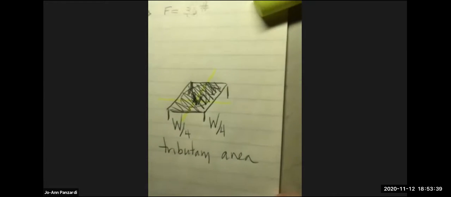Tributary area is when you take the whole weight, and you divide the area up into 4 because there are 4 connections, and you say that the weight in this area is concentrated here, the weight in this area is concentrated here, and so on for each of the 4 connections.